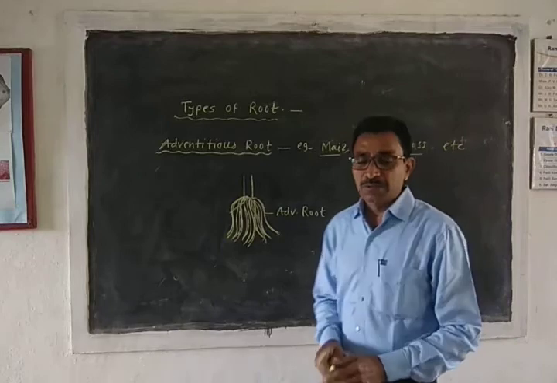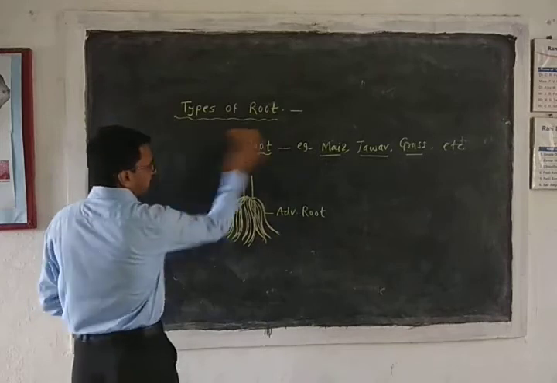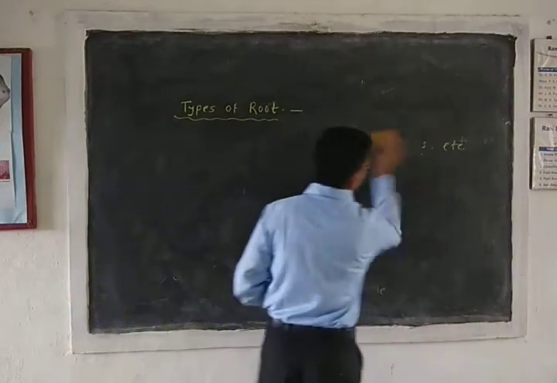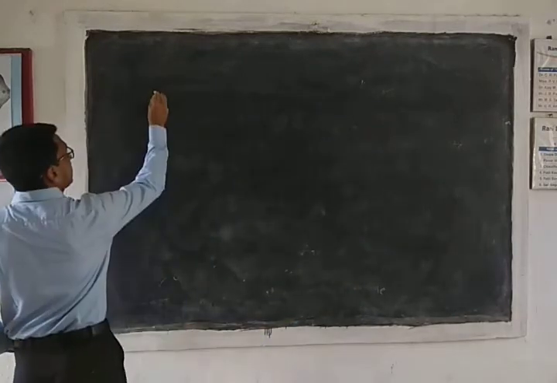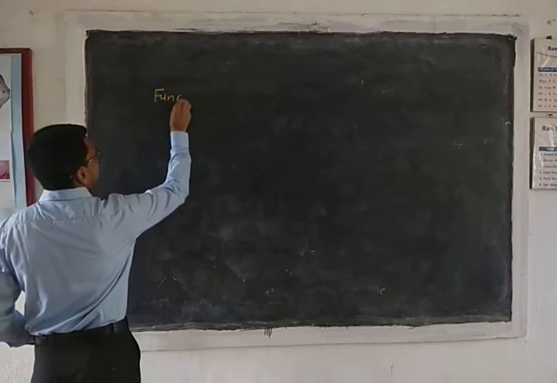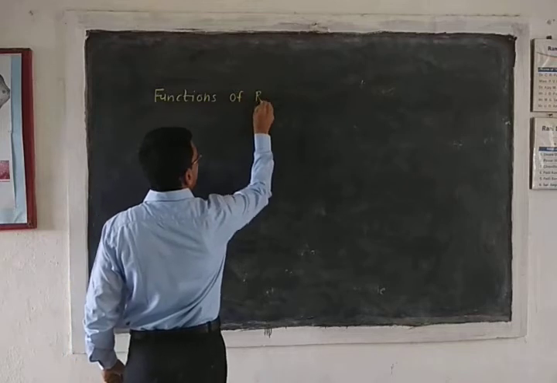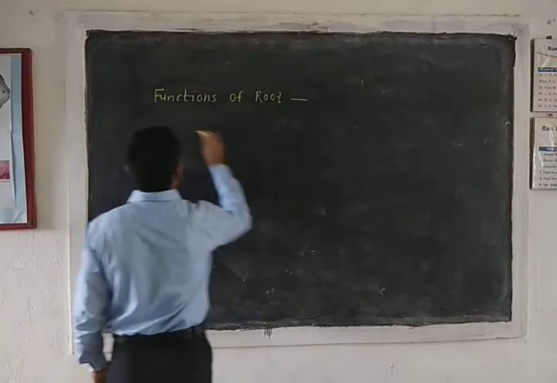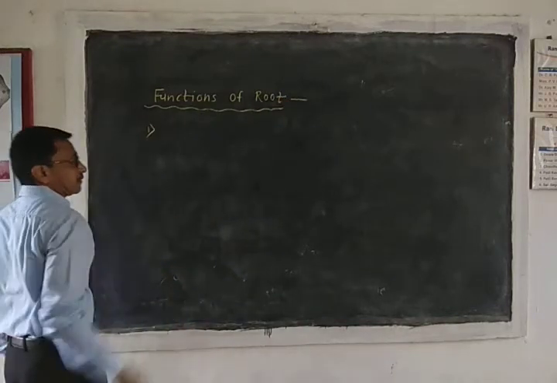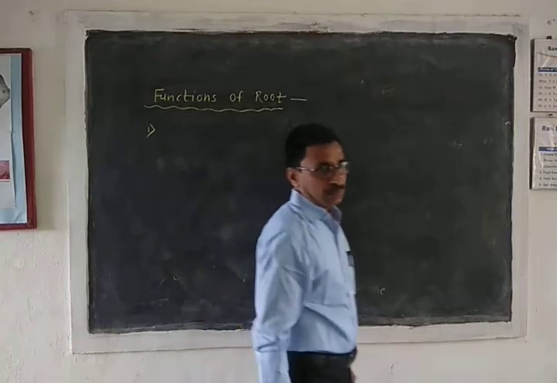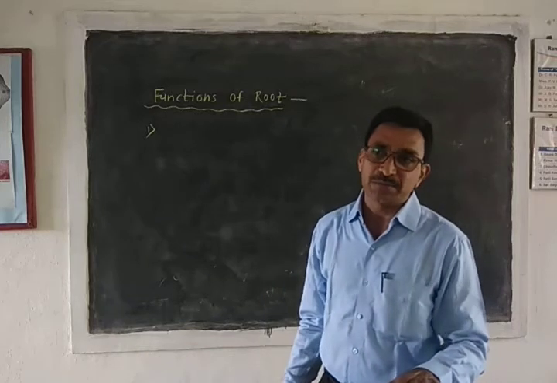Okay, and now we discuss the last topic, that is the functions of roots. The first function of the root is the absorption of water and minerals from the soil.